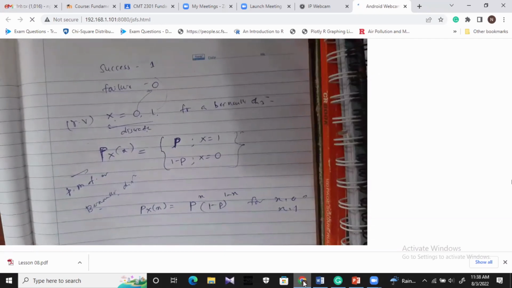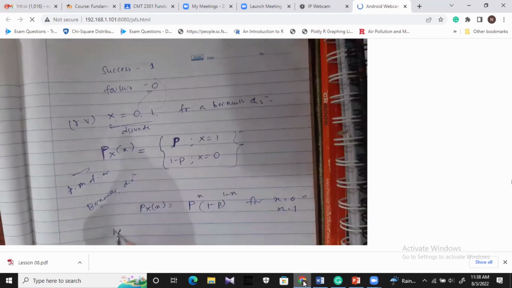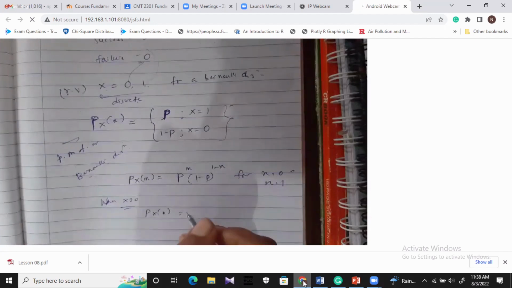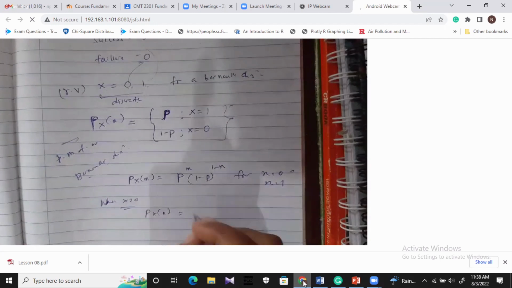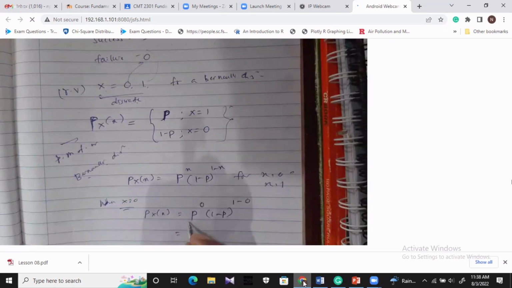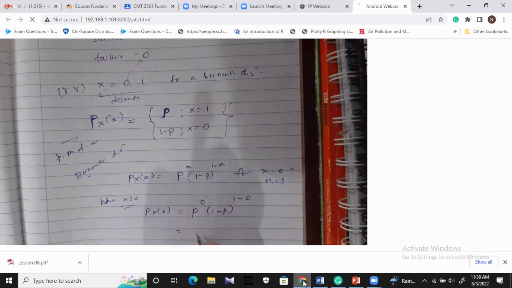This function, if you substitute x equals 0, what happens to this probability mass function? When x equals 0, p to the power 0, (1 minus p) to the power 1 minus 0. Then p to the power 0 is 1. (1 minus p) to the power 1 minus 0 is (1 minus p) to the power 1.